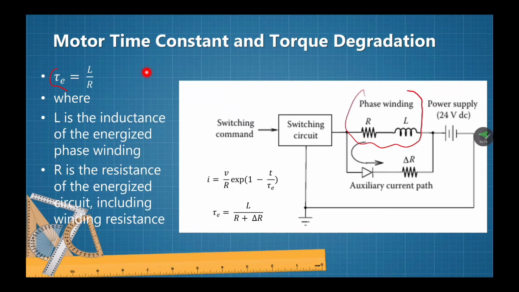Okay, this is for the phase winding, and this is the switching command fed to the switching circuit, and then it's connected to the phase winding and the power supply.